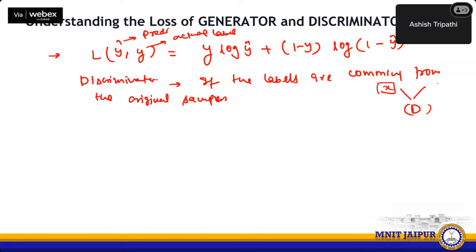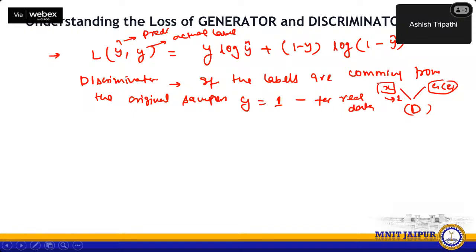One is the original and one is generated by the generator network. So if the data is coming from the original data sample, what will be the label? 1. So 1 will be the label. That means the value of y will be equal to 1 for real data.